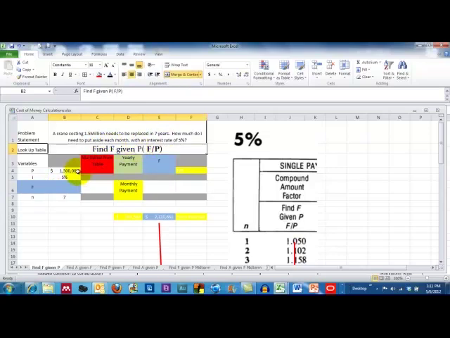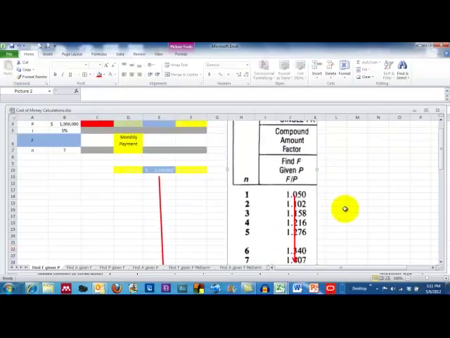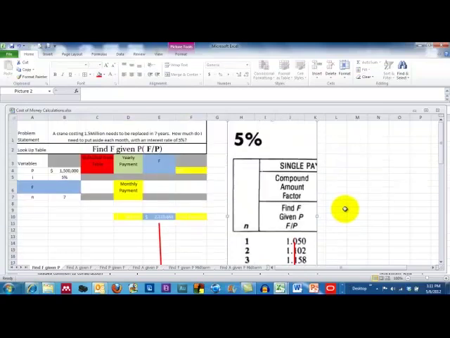I have a small breakout of the table that we've been given. Okay? So we're going to come over to here, and we know that we're looking for F given P. It's 5%, and we're going to scroll down to where we find the value N, and in this particular problem, it's 7.